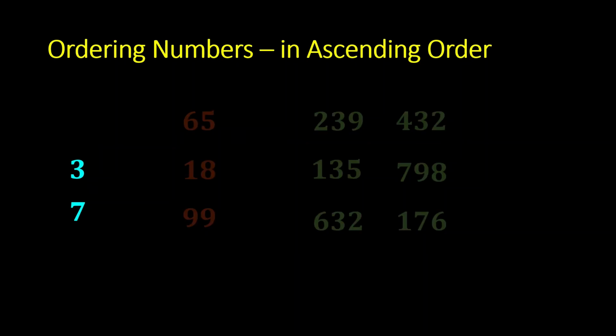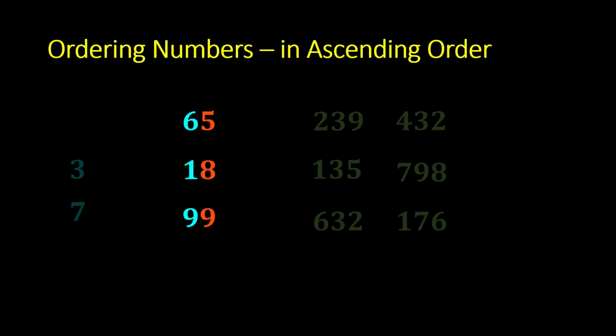Let's now start to put them in order. If we look at the 1-digit numbers first, they just happen to be in order of size anyway. So the smallest digit, 3, is first, and then the next highest digit, 7, is second. What about these 3 numbers, the 2-digit numbers? The leading digits have been highlighted.